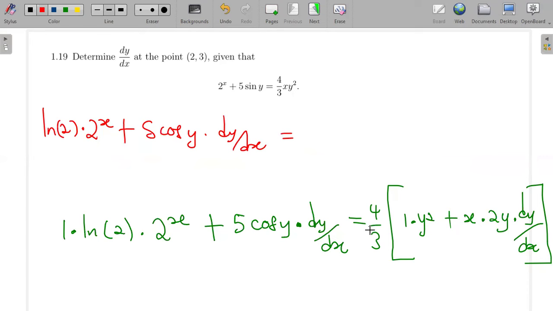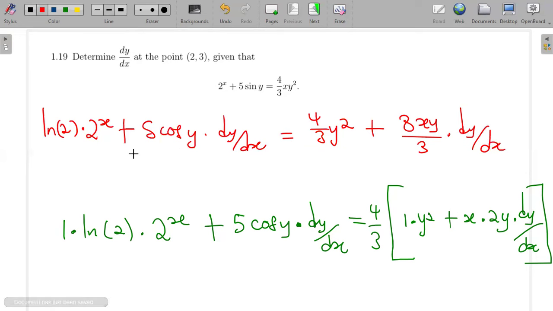So 4/3 multiplied by y squared, I get 4/3 y squared, and then plus 4/3 multiplied by this, I get 8xy/3 dy/dx. So that's what I get there. And then let's take like terms together. These ones that have dy/dx, let's put them on the same side.